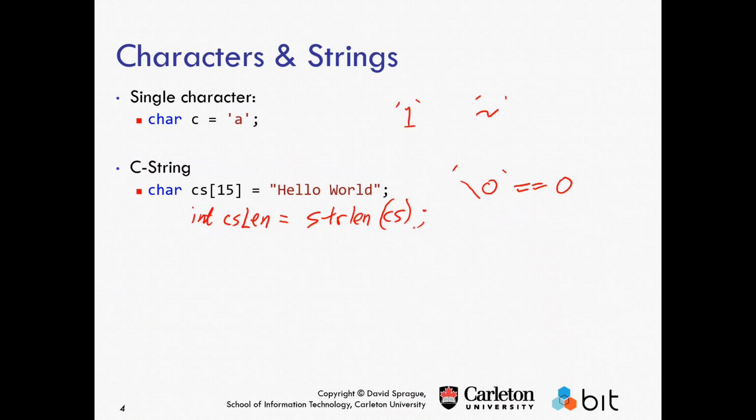The string length function is going to walk down the string and go, I have 1, 2, 3, 4, 5, 6, 7, 8, 9, 10, 11 characters. I'm not including the 0 at the end. So CSLen would be the value 11. At position 11, I have the 0 character. Position 0, I have the H. And I have 11 characters in total.